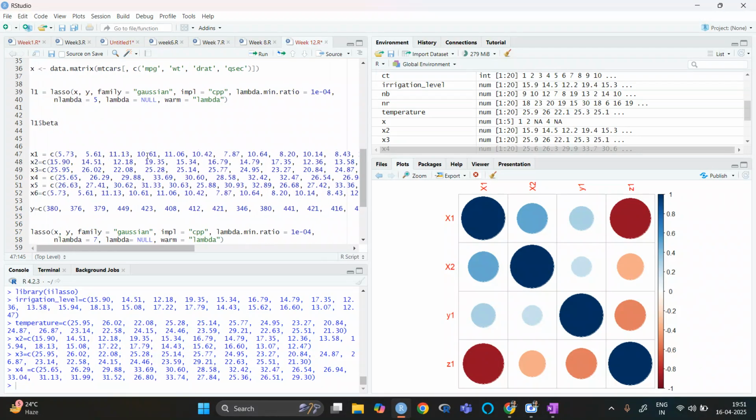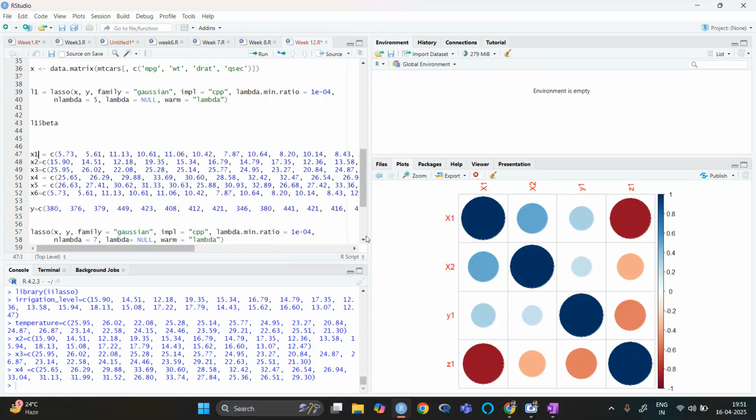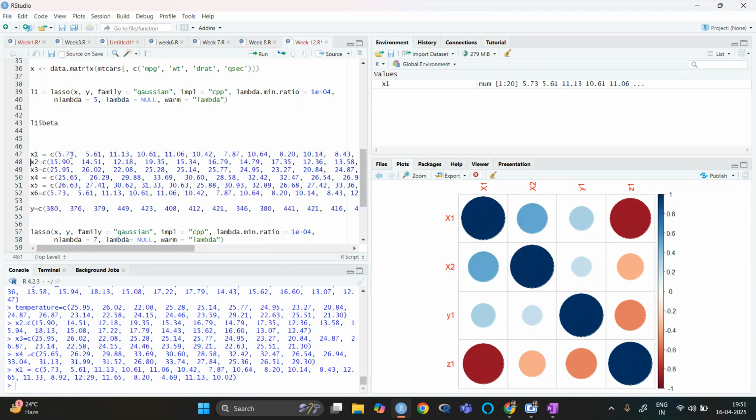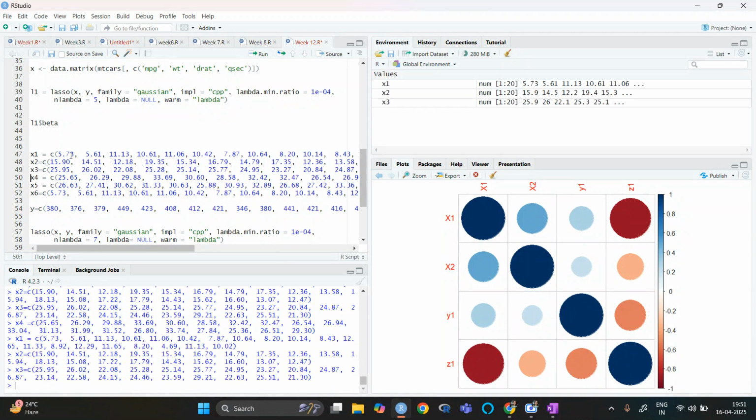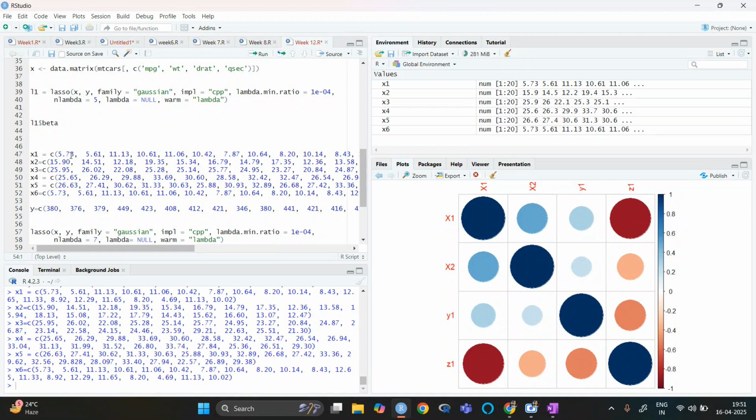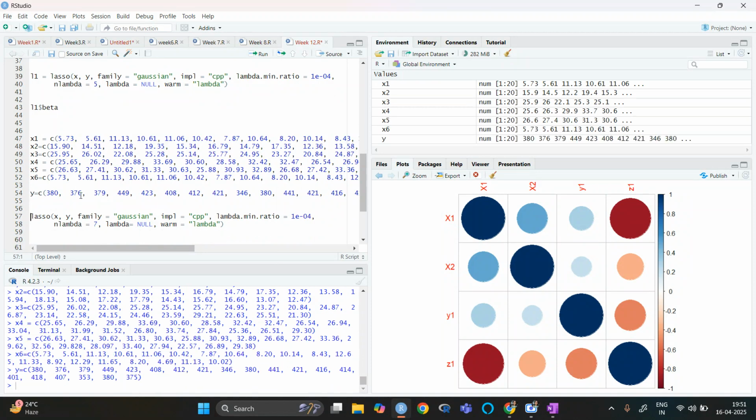So we have x1, x2, x3. Let me just remove all of these. X1 to X6, ma'am. Yeah, six variables are there, yeah. And then y is there.